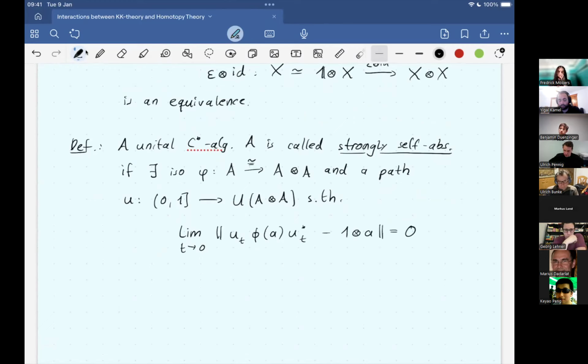It doesn't matter whether you pick the left tensor embedding or the right tensor embedding.